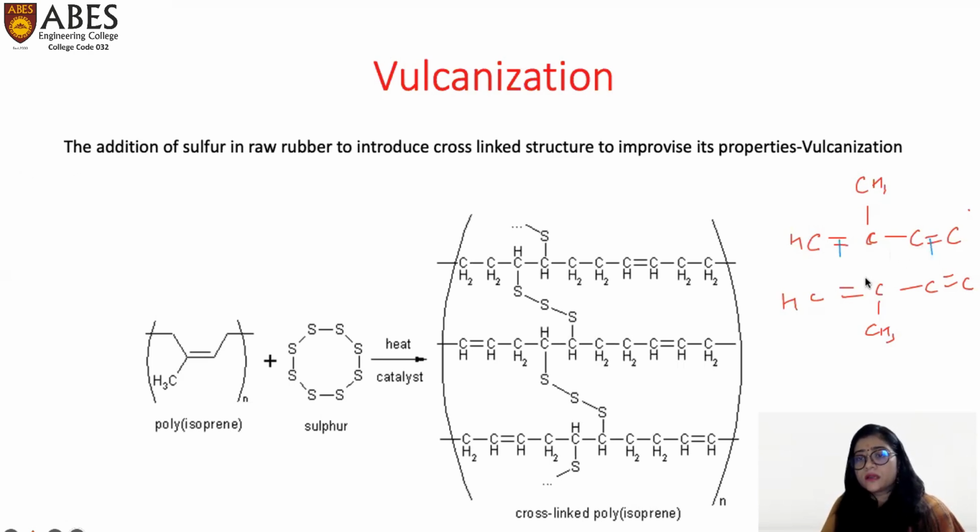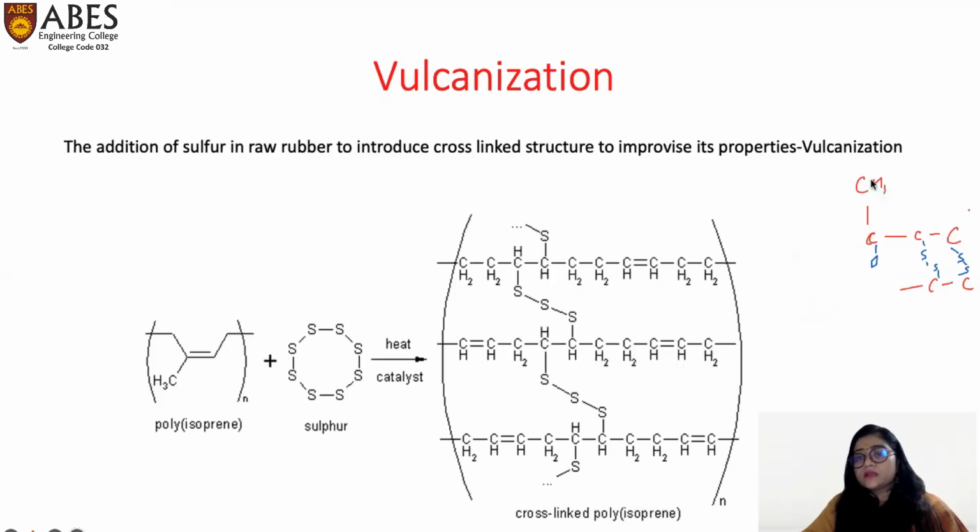And here the sulfur will be attached in a given fashion like this. We'll make a carbon over here again. The sulfur will be represented with the blue color. So it will be attached like this, sulfur and sulfur, sulfur and sulfur. Here also sulfur will be added. Here also the sulfur will be added. So the entire structure will become a cross-linked structure when we do the vulcanization process.